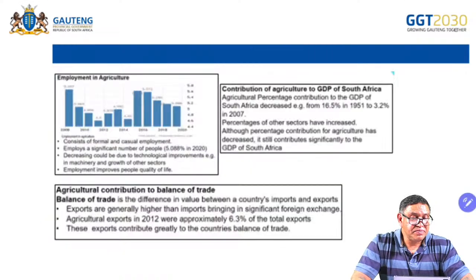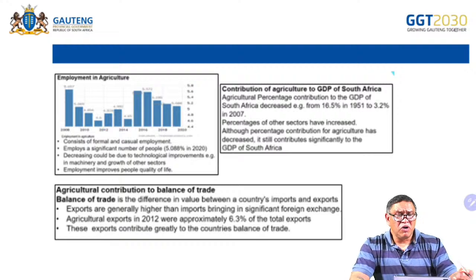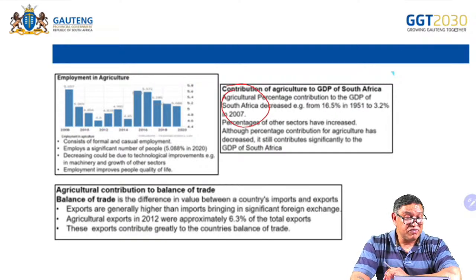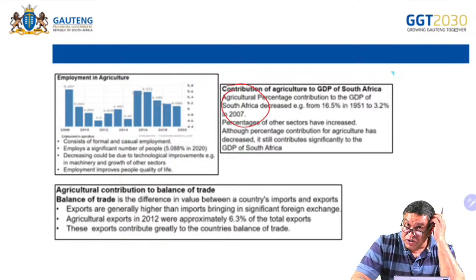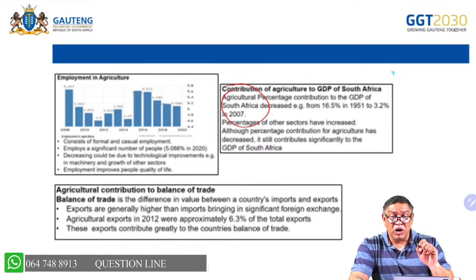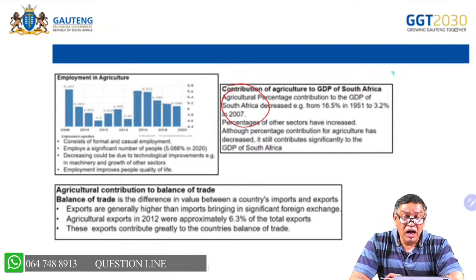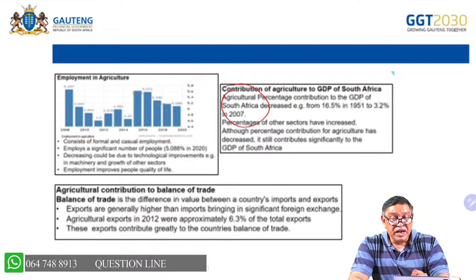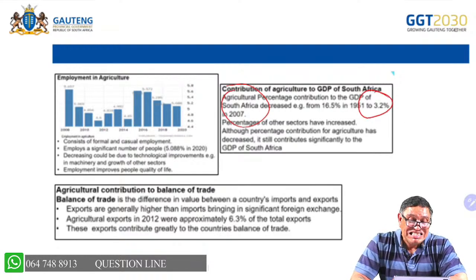Now it talks about the contribution of agriculture, and I'm not spending a lot of time on that as you want me to get into beef farming. A lot of money from agriculture goes towards the GDP. Like in 2007, 3.2% of the GDP was made from agriculture.